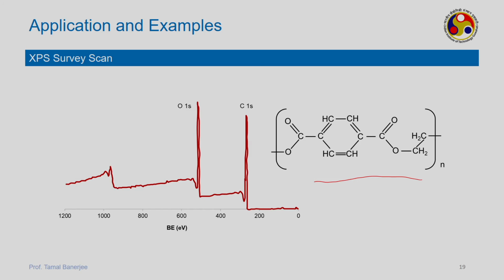In the monomer you will have different carbons, with C1s corresponding to C-H, then another C-H, likewise. Then C-O you will also have, one from here and another from here.